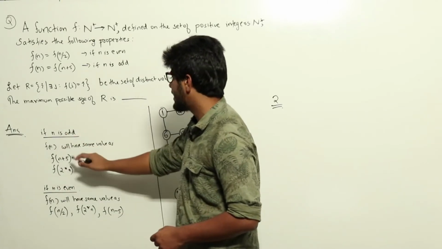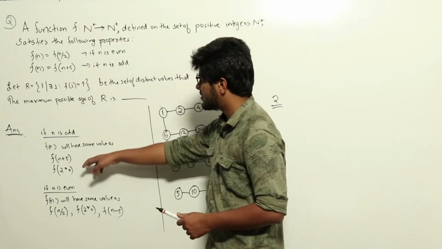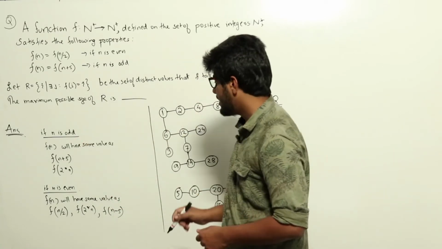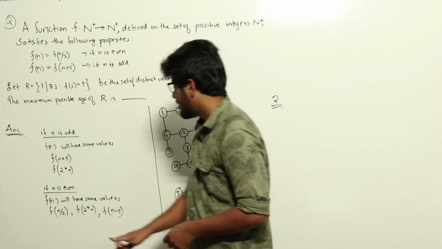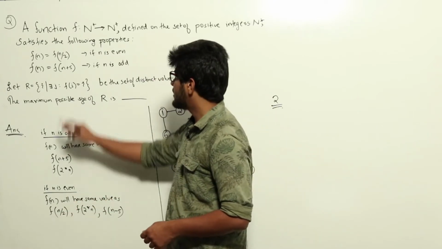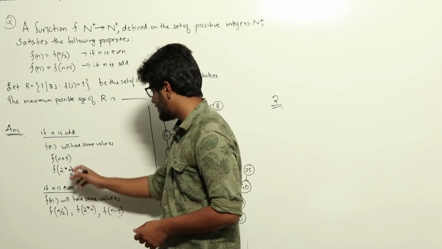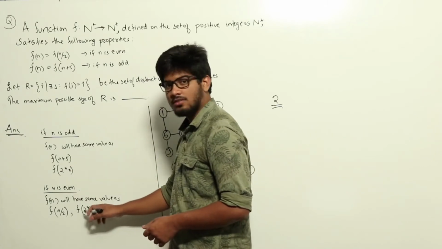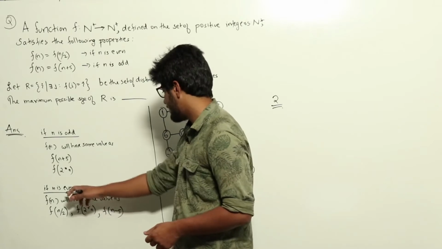So if n is odd, we can write f(n+5), and f(2n) will also have the same value as f(n). Similarly, if n is even, f(n) will have the same value as f(n/2), that is given in the question. f(2n), just like we did here, 2n is obviously even, meaning f(2n) will have the same value as f(n) here.